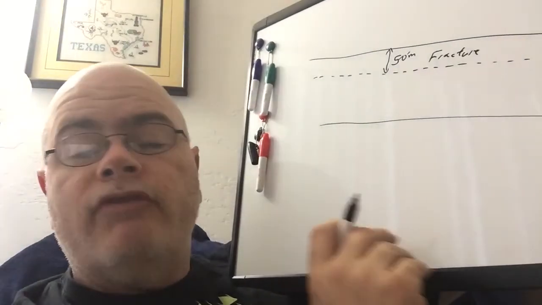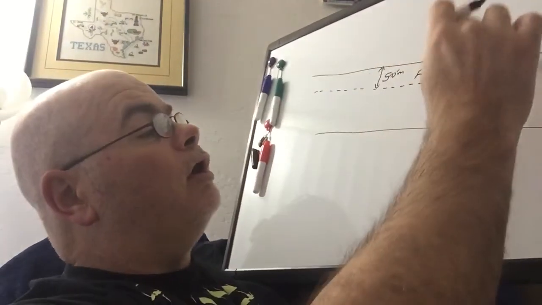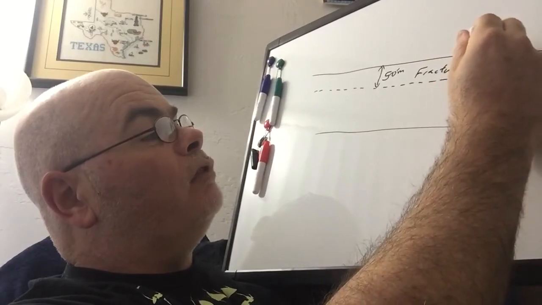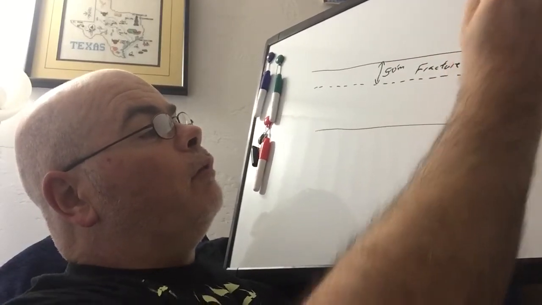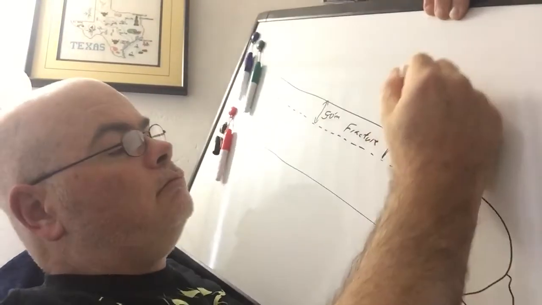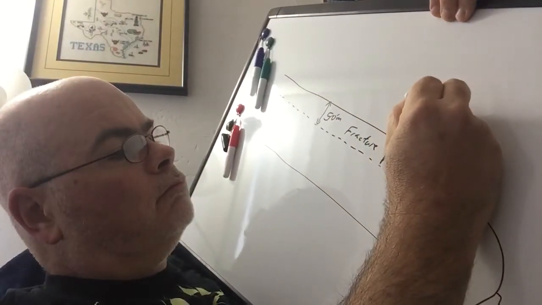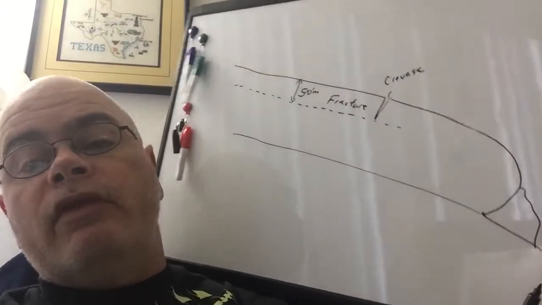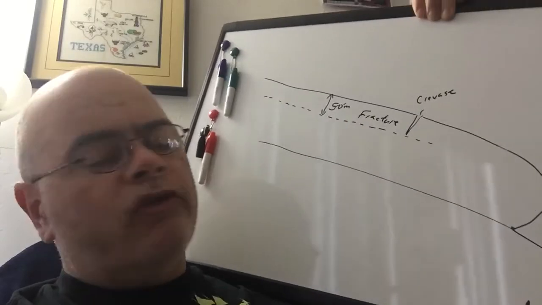It's going to break, it's going to fracture. This can cause cracks to develop in the surface of the glacier that we call crevasses. These are very dangerous features on the glacier.